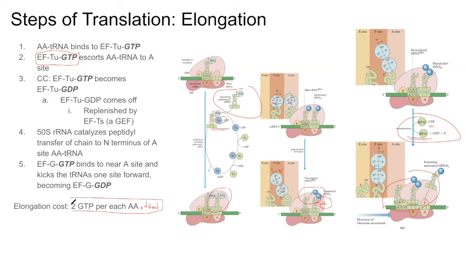So that's our mathematical accounting for that. One other thing you might need to remember is the protein that replenishes EF-Tu GTP. When EF-Tu GDP comes off after delivering its job, it needs to become EF-Tu GTP once again. To do that, EF-Ts acts as a GEF to remove the old GDP and put in the new GTP. So that's all you need to know for EF-Ts.